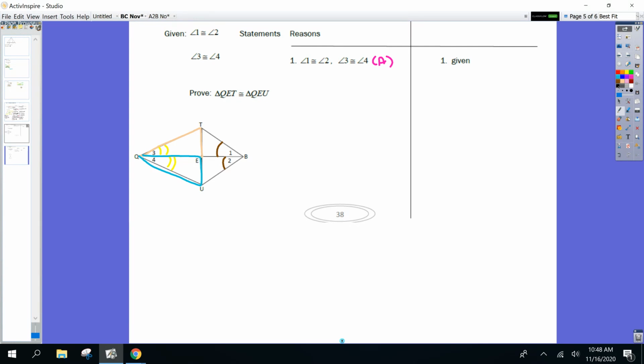QE's reflexive. There we go. I got QE equal to QE. There's another side. It makes you feel warm inside, doesn't it? You're like, oh, I already got two things down, and then all of a sudden it comes to a screeching halt.